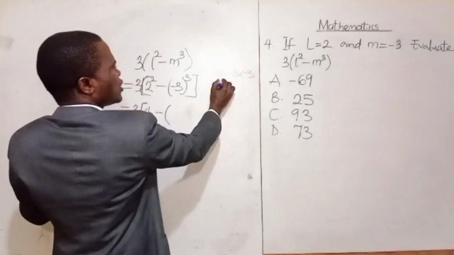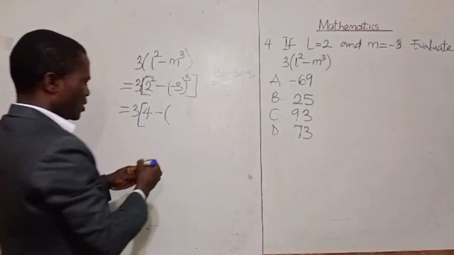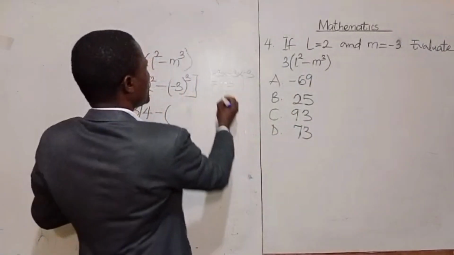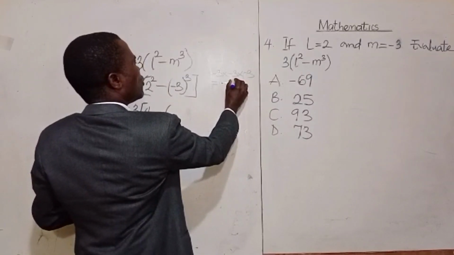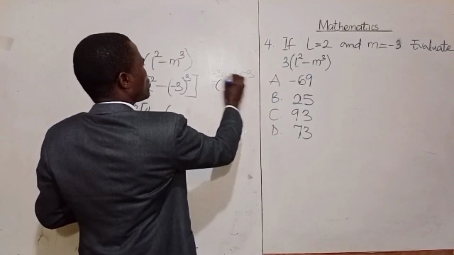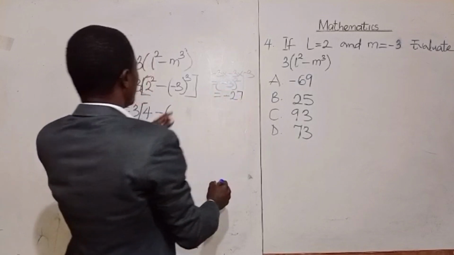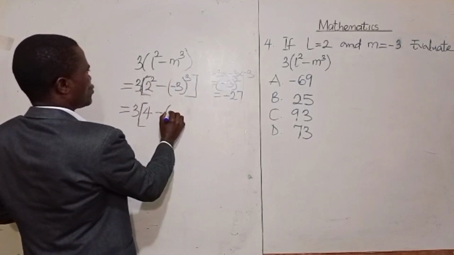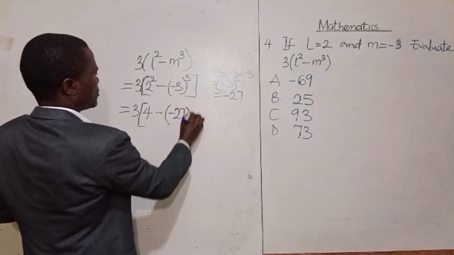Plus times minus gives us minus. So minus 3 raised to power of 3 gives us minus 27.